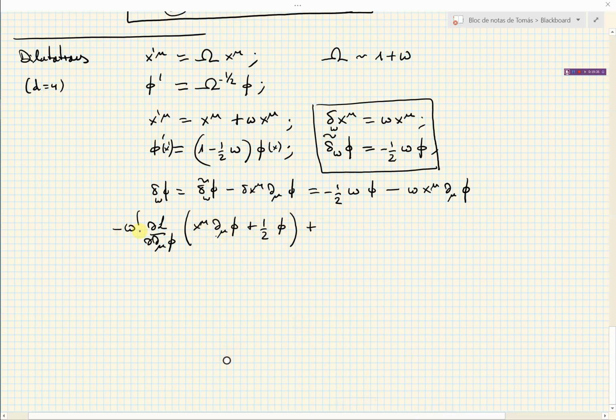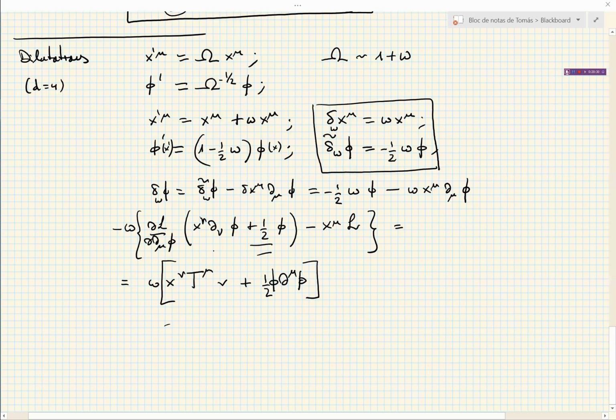So again omega and a minus x mu L. Okay, so this is just a minus omega, and these two terms, x nu, I should have written nu here to avoid confusion, sorry, this will be T mu nu, the same that we wrote before, but there is an extra term here, which is plus a half of partial mu phi multiplied by phi.